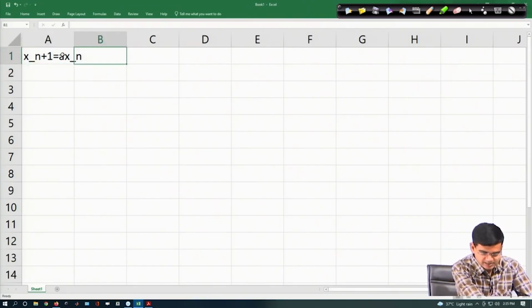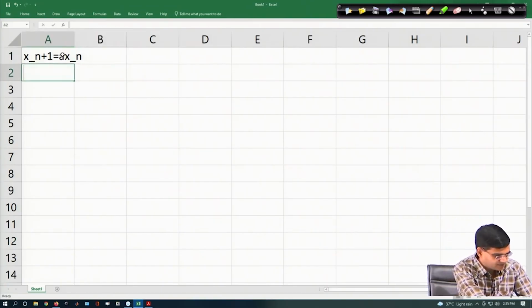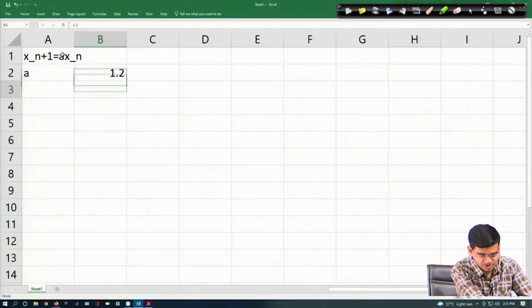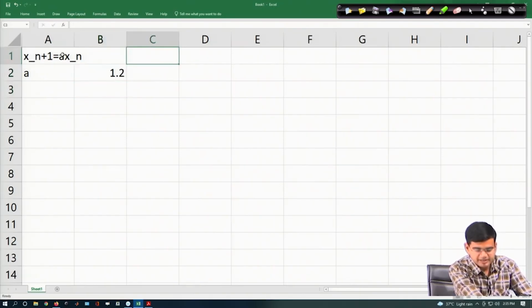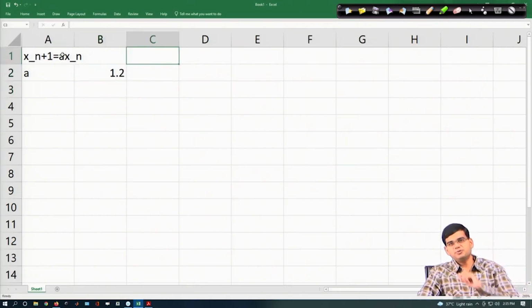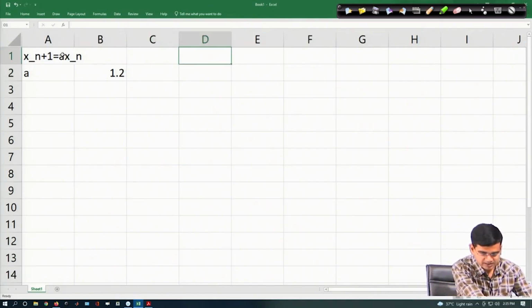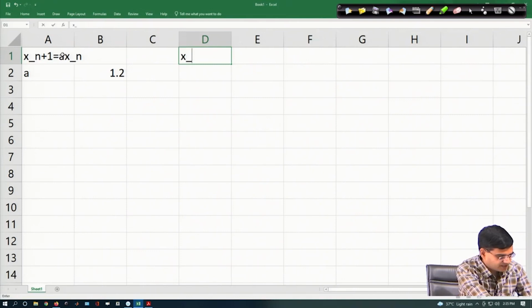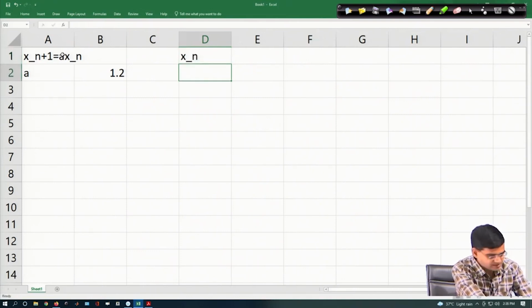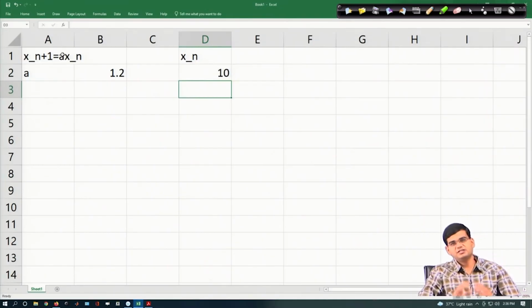Now, let us say that a has some value, and for the present case let me consider it as 1.2. So, I need to start with some initial population. So, that initial population at any instant of time is say 10. Okay. So, I start with 10 bacteria.